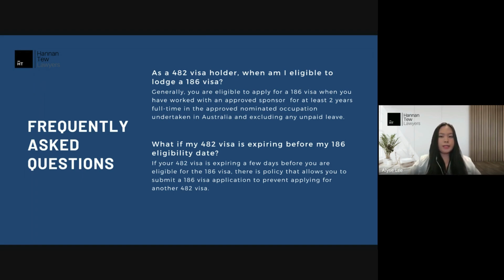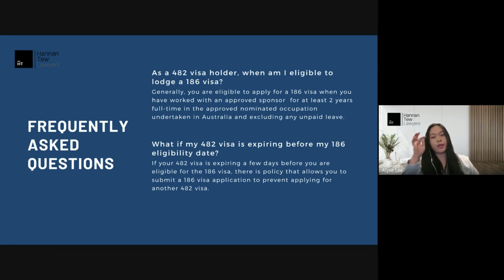A few days is not defined explicitly, but generally it is taken to be less than 5 days. There are obviously risks to the application if, for example, the case officer is not satisfied that this requirement is met. They have the discretion to refuse that 186 visa.